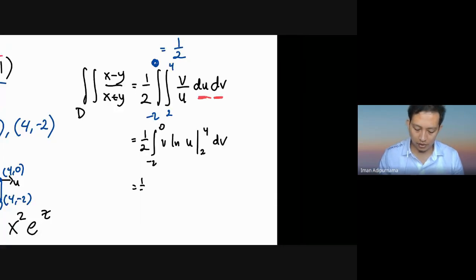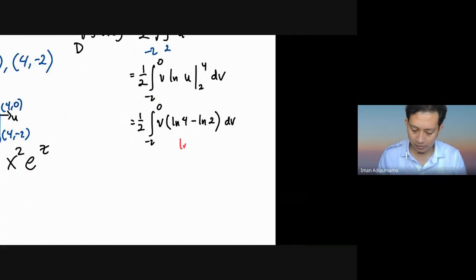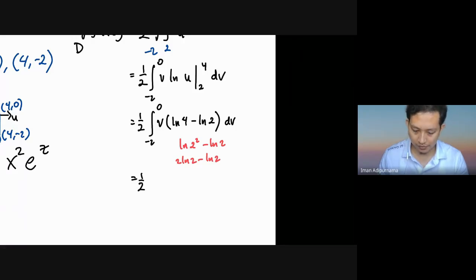Okay. And this will be half, and v, and ln 4 minus ln 2 dv. Okay, remember, in ln, you can write like this, right? And then you can write this, which is ln 2. So we can write this in terms of v ln 2 dv.